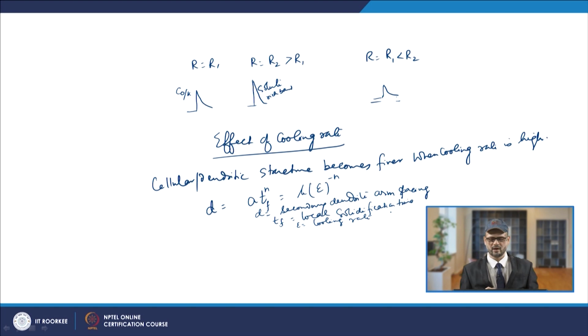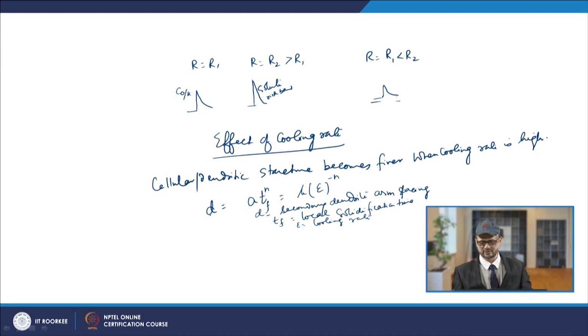From here you can see that if the TF is less, the secondary dendritic arm spacing will be smaller. Similarly, with the cooling rate becoming higher, this value will be smaller.